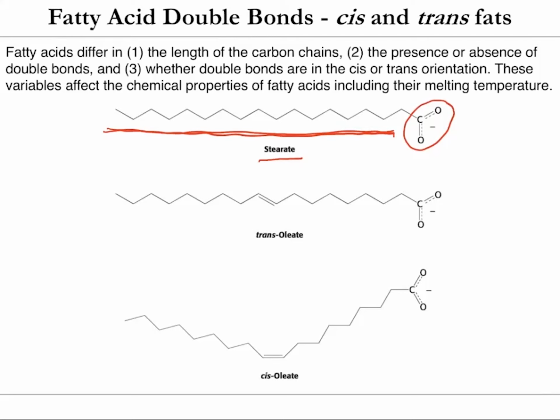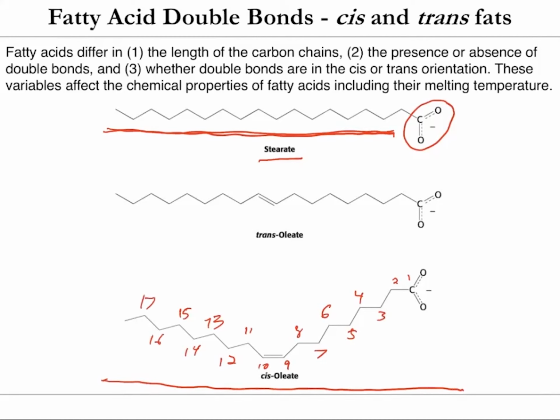Now you can make different molecules by adding double bonds. So this right here is a molecule, cis-oleate. It has 18 carbons, I believe. So 1, 2, 3, 4, 5, 6, 7, 8, 9, 10, 11, 12, 13, 14, 15, 16, 17, 18. So an 18 carbon chain, but it also has this double bond right here in basically the middle of the chain.